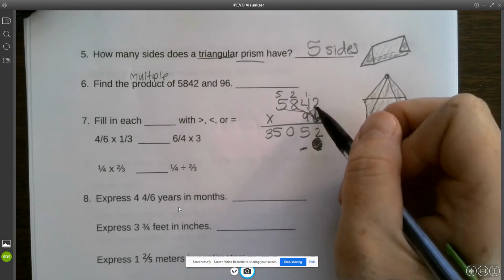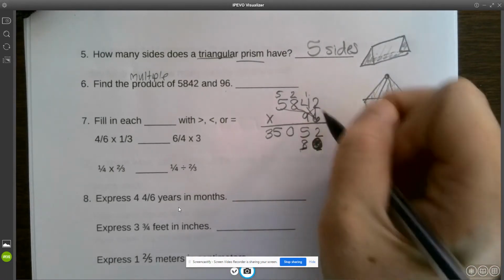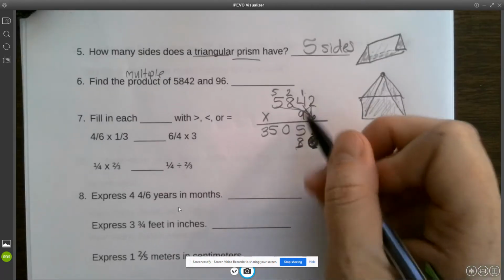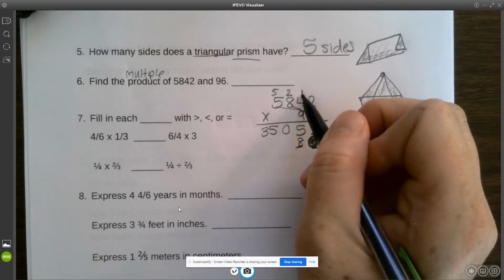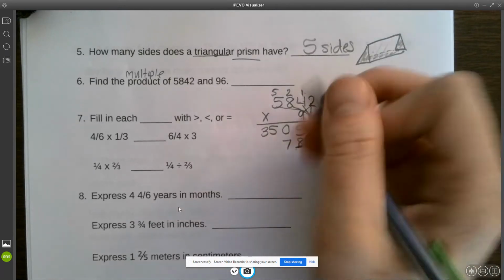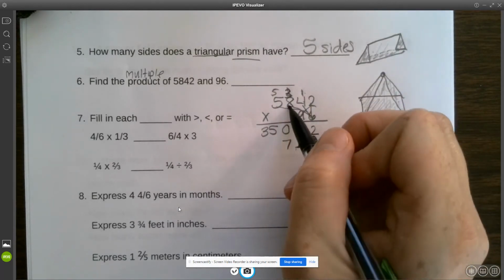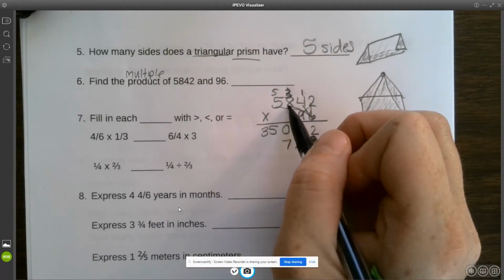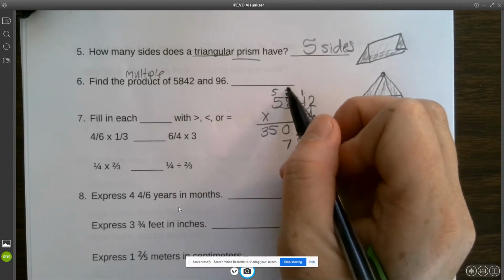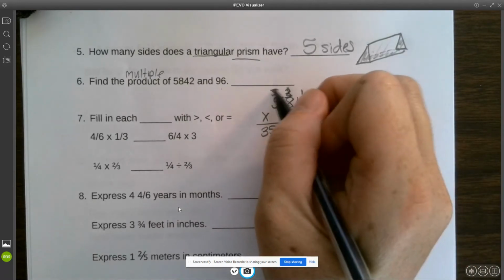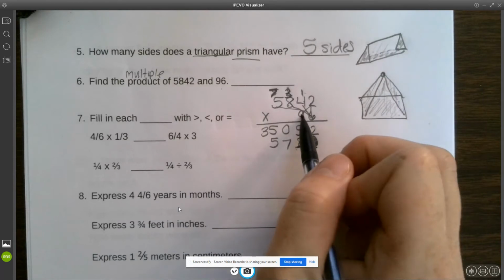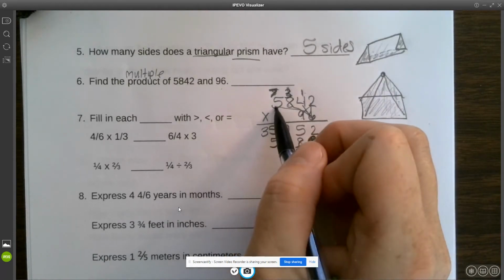So now I go 9 times 2 is 18. I put my 8, carry the 1. 9 times 4 is 36, plus 1 is 37. Carry the 3. 9 times 8 is 72, plus 3, so go 72, 73, 74, 75. Put my 5, carry the 7. 9 times 5 is 45, plus 7.